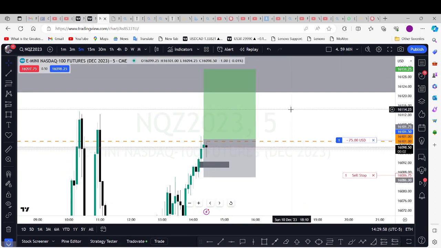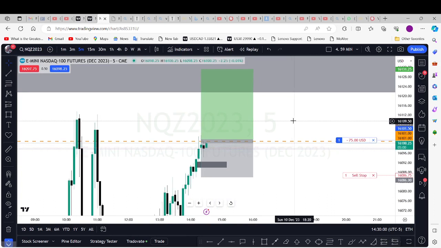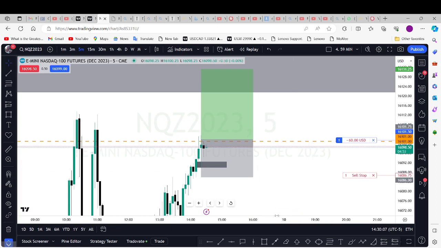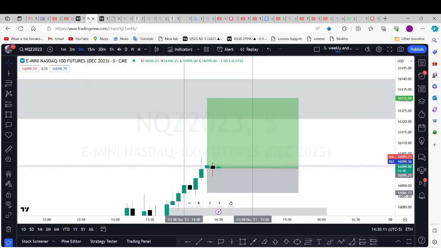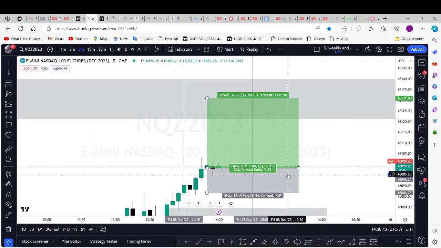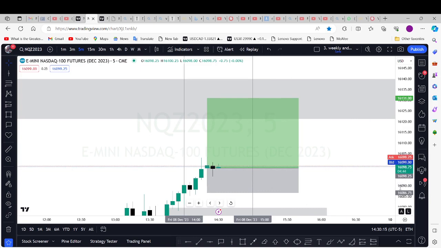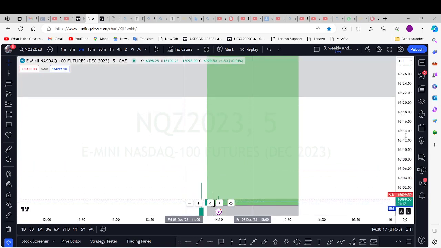So I'm hoping for this, whatever it is that we see here. This is an ideal one. I don't like the ideal one. I like this one. No, I don't like the trade one.